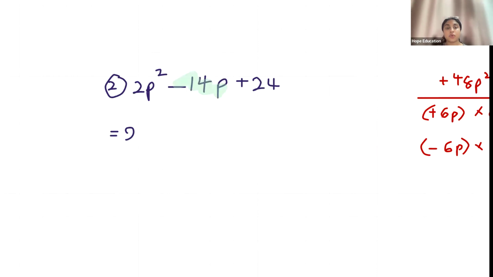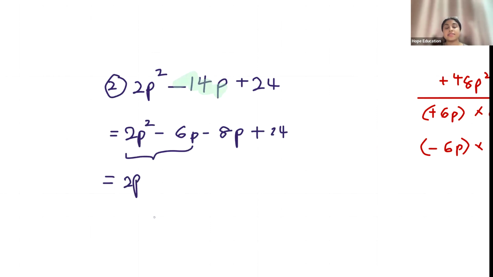Let's take the common ones out here. 2 is common and p is common. So from 2p squared, taking out 2p, I have p remaining. From minus 6p, taking out 2, I have 3 remaining. Minus 8p, minus 3.